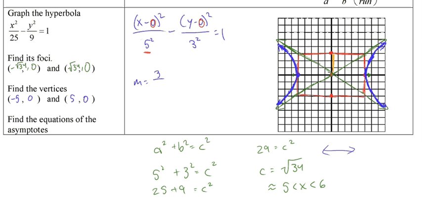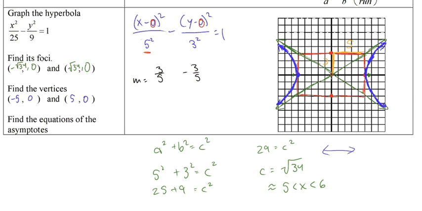So it's rising 3, running 5. So m is equal to 3/5. And the slope for the other one is negative 3/5.